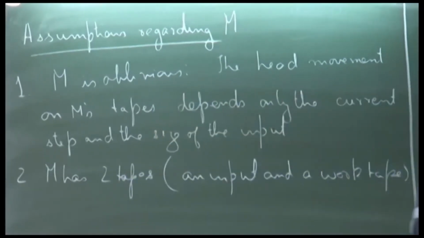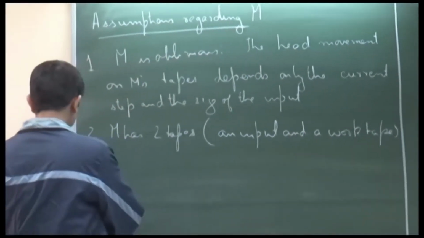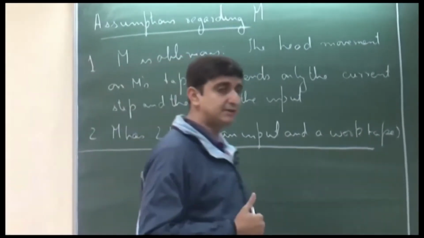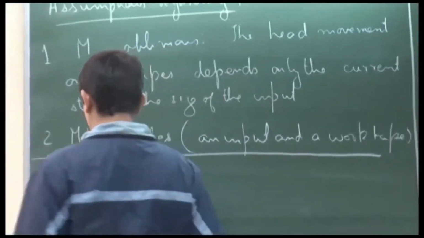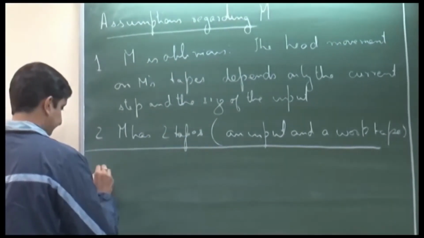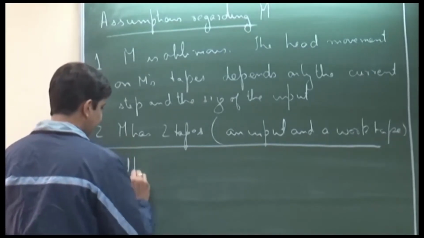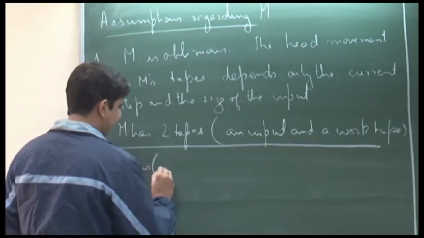Now the question is, why do we make these two assumptions? Let me motivate that. We use the fact that M is oblivious to make certain computations. Let us define two functions. Let me define a function input position of i, which stands for the input position at the ith step.